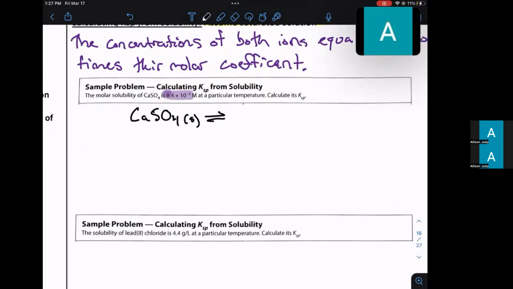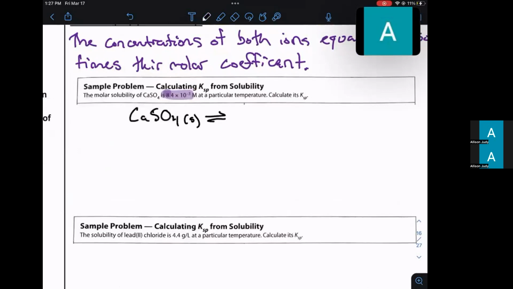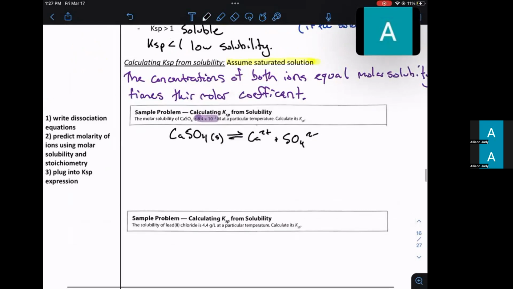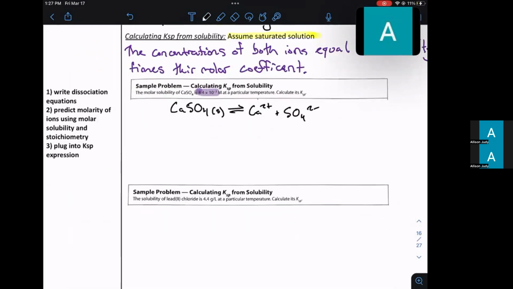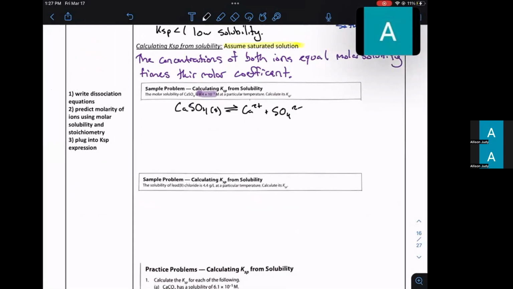Also good to note that there will be a double arrow because this is an equilibrium. Ca2 plus and SO4 2 minus. It's just a one-to-one dissolution. An ionic compound like this is considered an AB salt. There's just one of the cation and one of the anion bonded together.